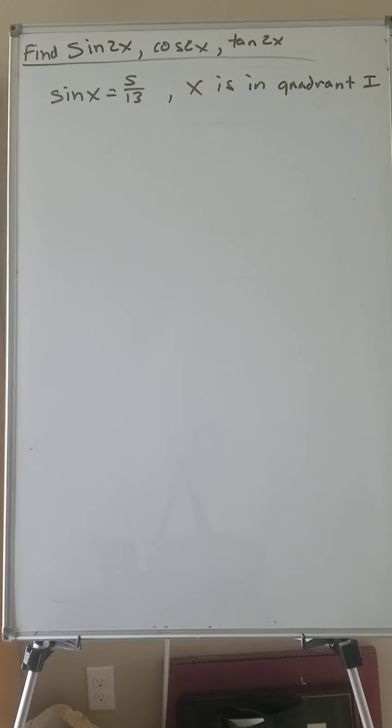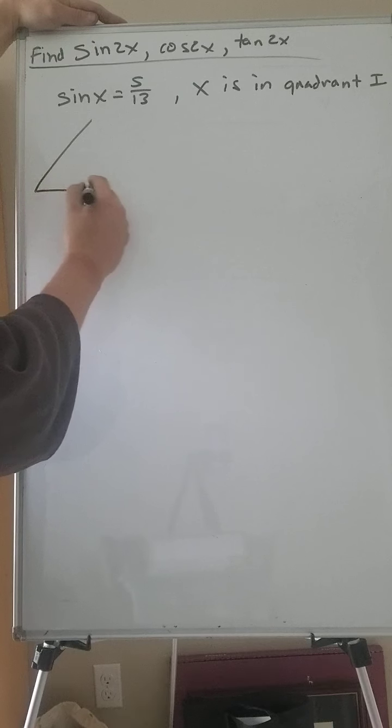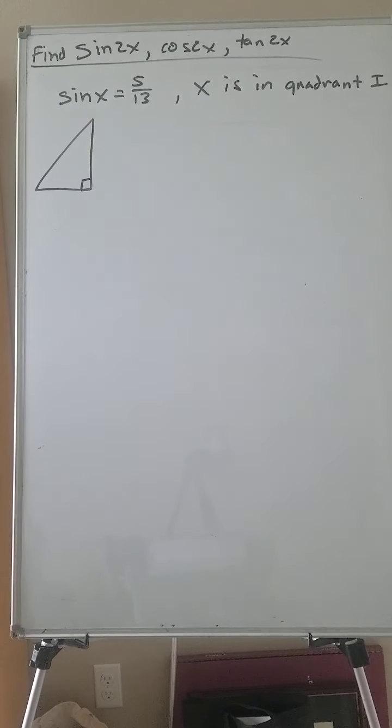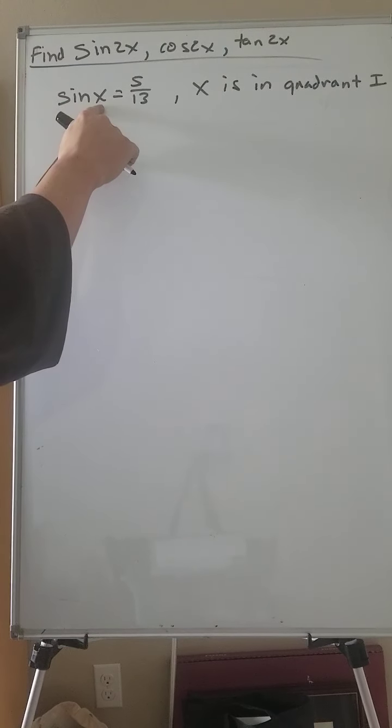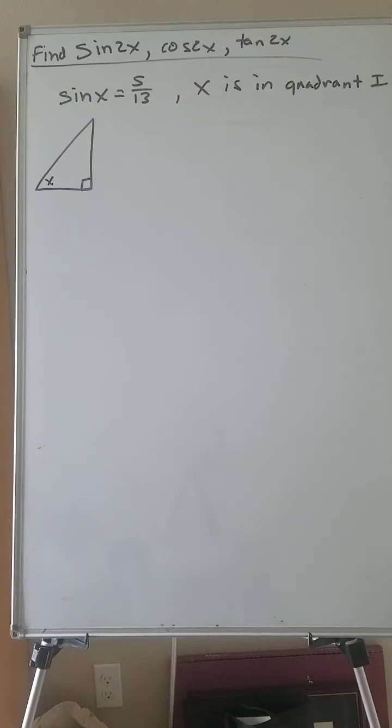So the best bet on these problems is to just draw a right triangle. We're going to fall back on our very basic understanding of trigonometry. I'll call one of my acute angles x, it doesn't matter which one, I'll just put it there.